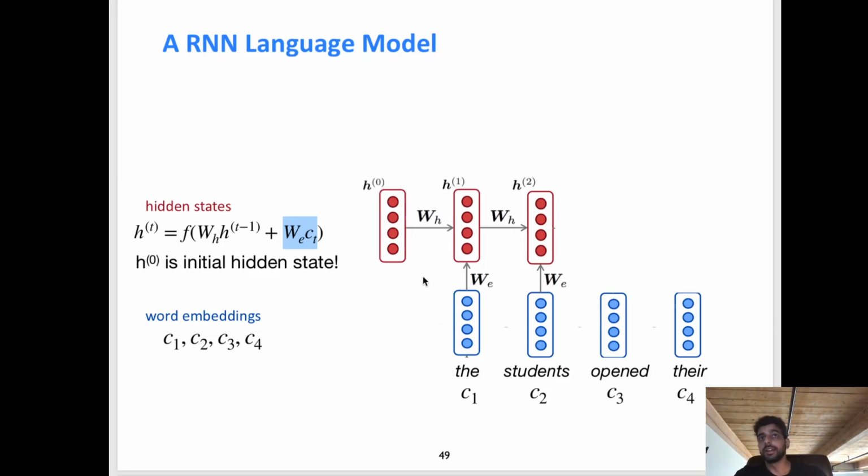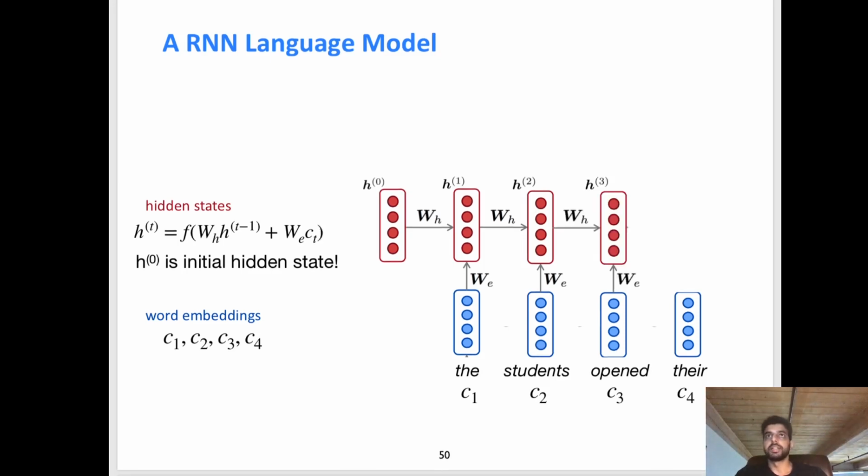You can also see how this formulation allows you to model an arbitrarily long prefix, right? Because I'm just proceeding one word at a time, using the exact same weight matrices, so those are not a function of the time step. I can just keep applying this same equation as I get one more word in the prefix, so I can model as long a prefix as I want.